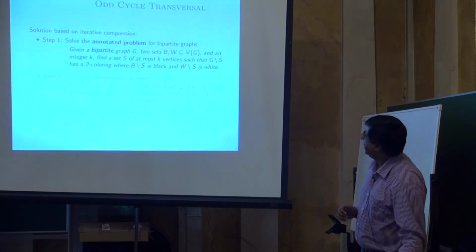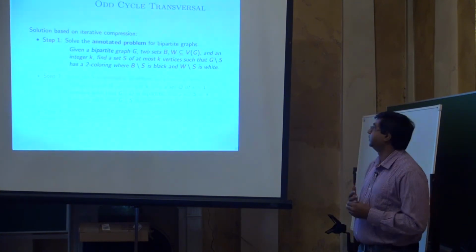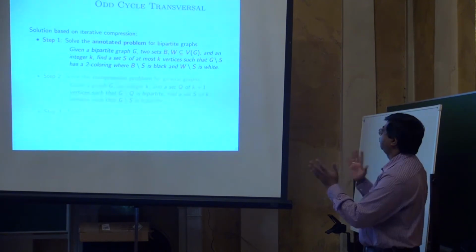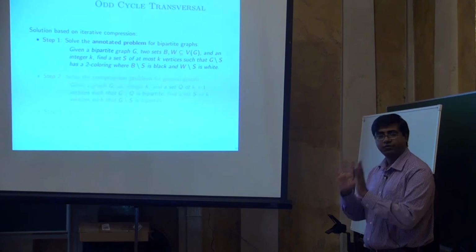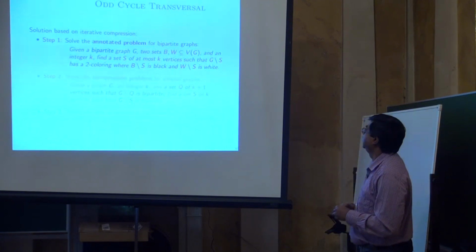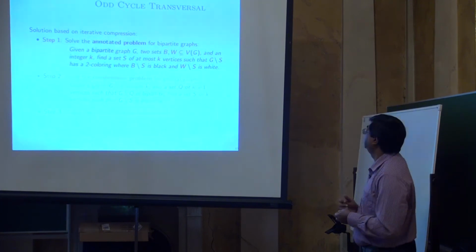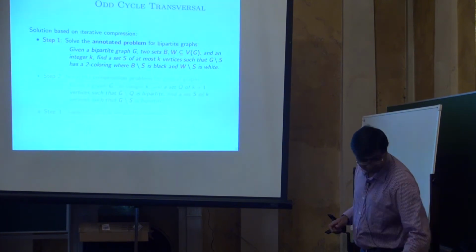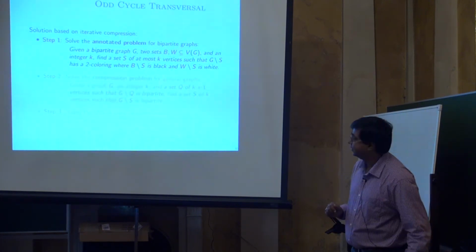So let's try to do some polynomial time algorithm. You are given a bipartite graph G, what I call the annotated problem for bipartite graphs. So what are you given? You are given a bipartite graph, two sets B and W, and an integer k.